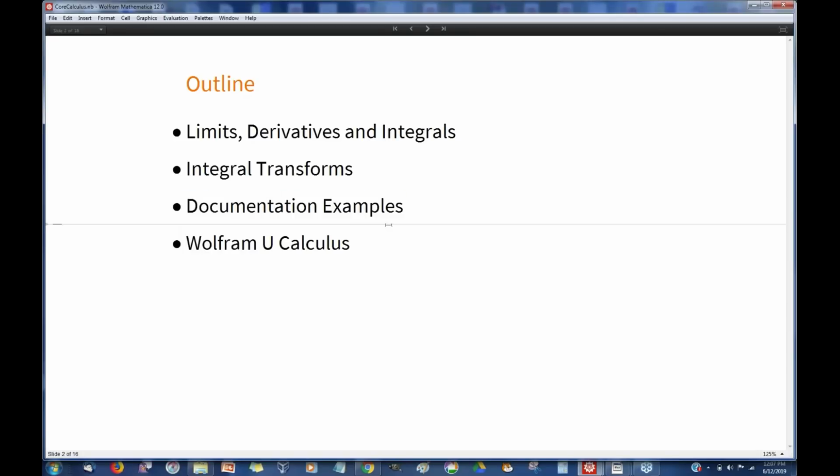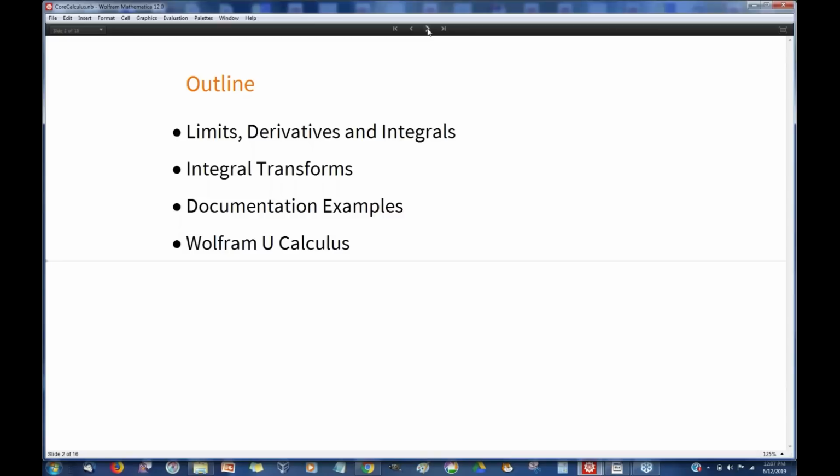That's made the whole system much more usable. And then finally, we have gone a step further and actually delivered a full-scale Wolfram U calculus course, which has proved to be very, very popular. So my goal today is to try and give you a very brief overview of all these very nice features of version 12 in the hope that you'll find this version absolutely first class to use for calculus.